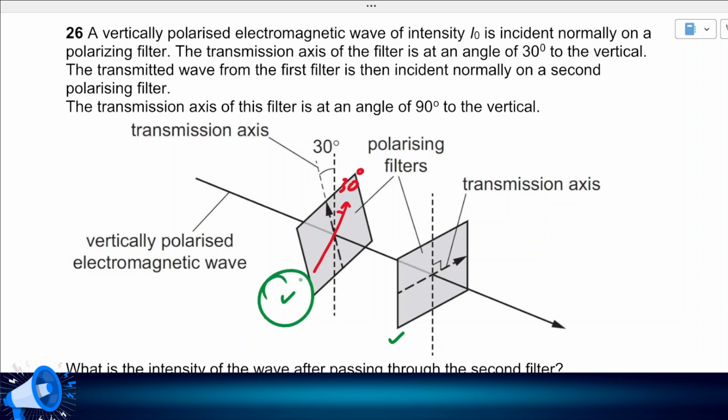So let me find the intensity after the first polarizer. The intensity after the first polarizer would be I naught cos squared theta, which in this case is 30. So I naught cos squared of 30.